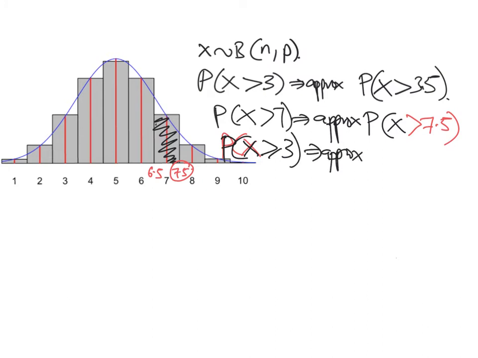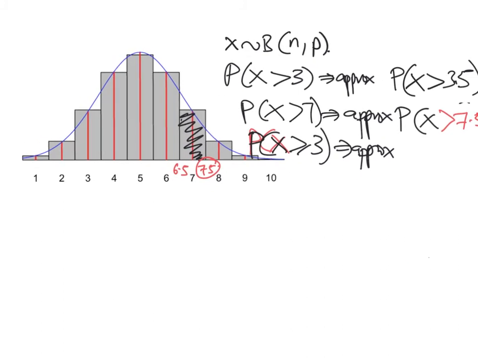When X is greater than or equal to 3, this time, greater than and equal to, this is 3, greater than 3, and also equal to 3. So I look at everything beyond 3. But before that, what is the lower bound over here? It's 2.5, and then the upper bound is 3.5.